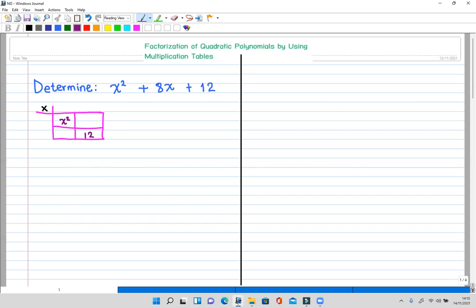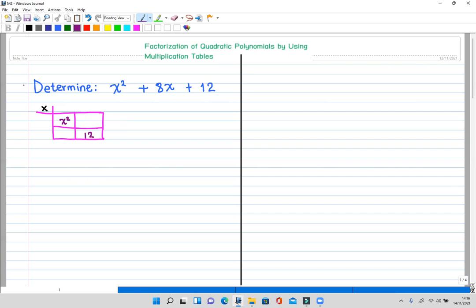Next, determine the factors of x squared and 12. Okay, how do we determine that? We are going to get the factors of x squared and the factors of 12.